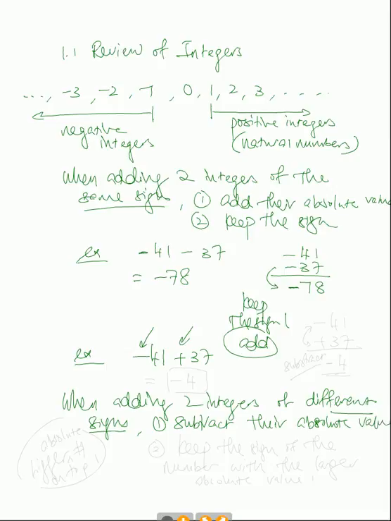In the process of subtraction, you disregard their signs, and then you keep the sign of the number with the larger absolute value.